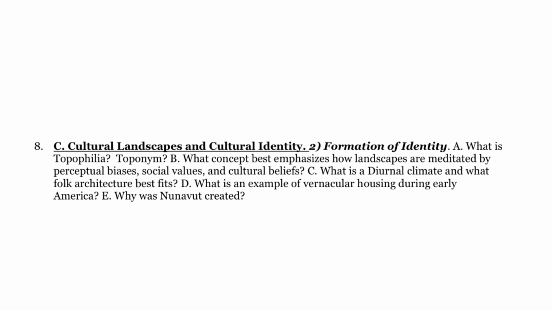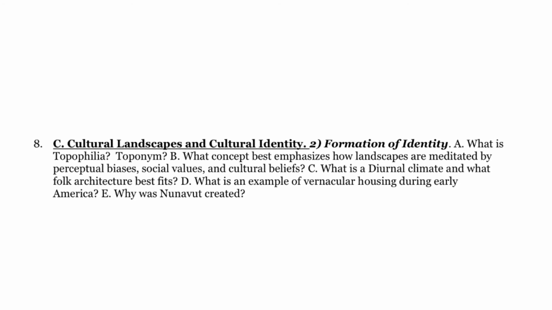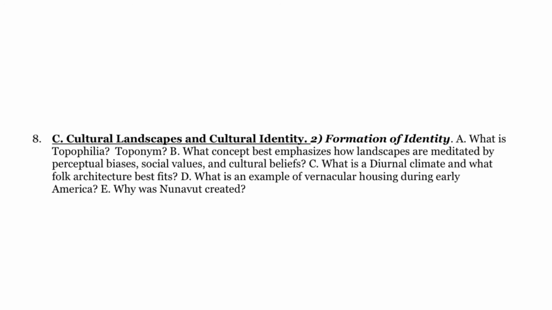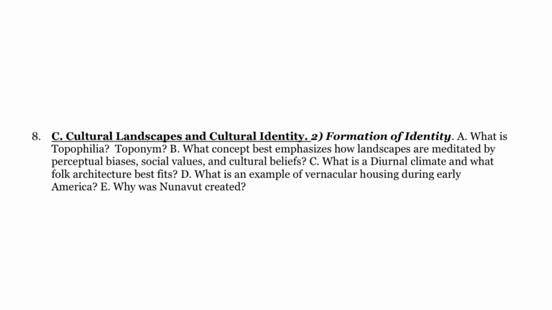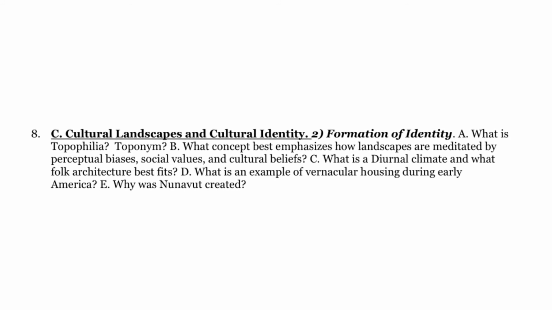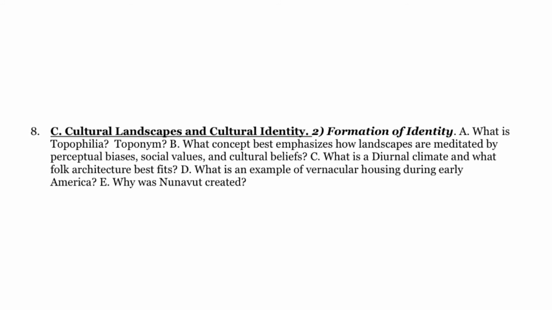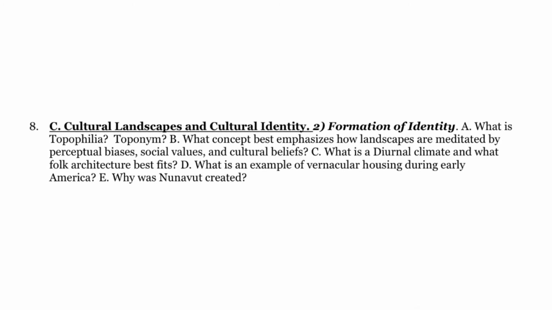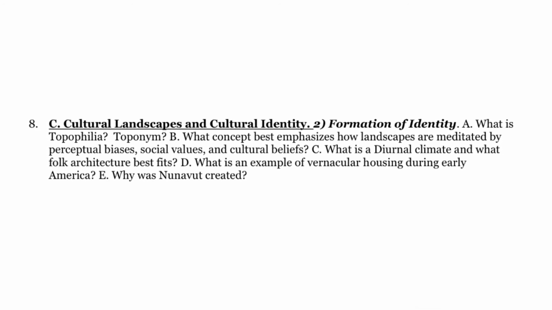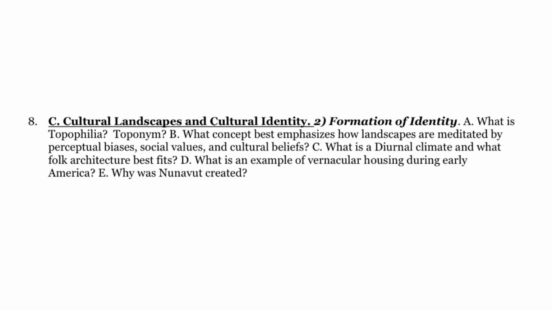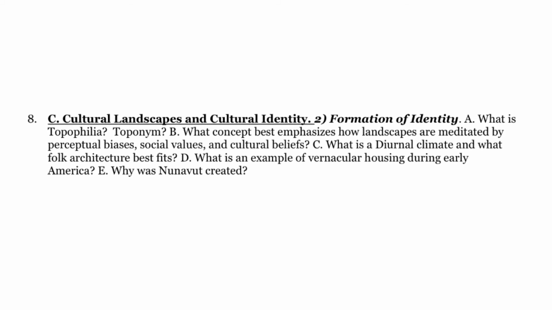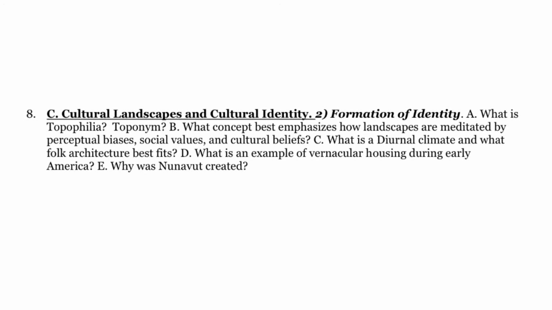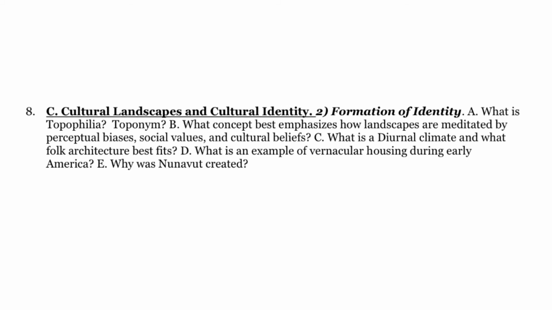The key word here is representation. Representation is the concept that best emphasizes how landscapes are mediated by perceptual biases, social values, and cultural beliefs. So you're looking at how landscapes are represented based upon the biases about the place, social values in the place, and cultural values of a place. I know that can seem confusing, but it's a broad concept that covers this area.